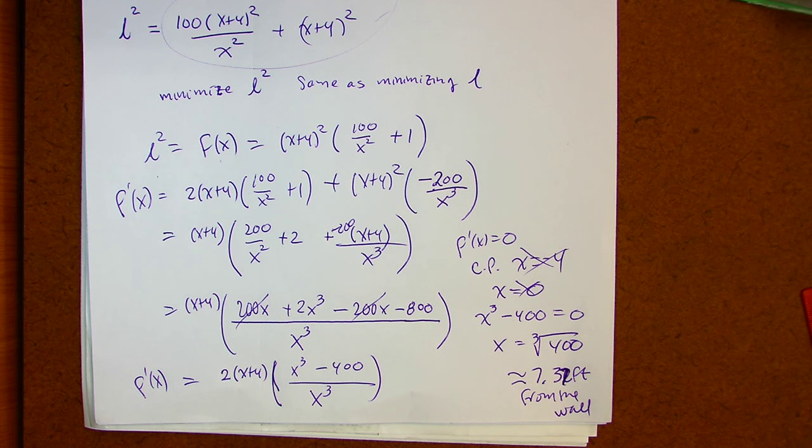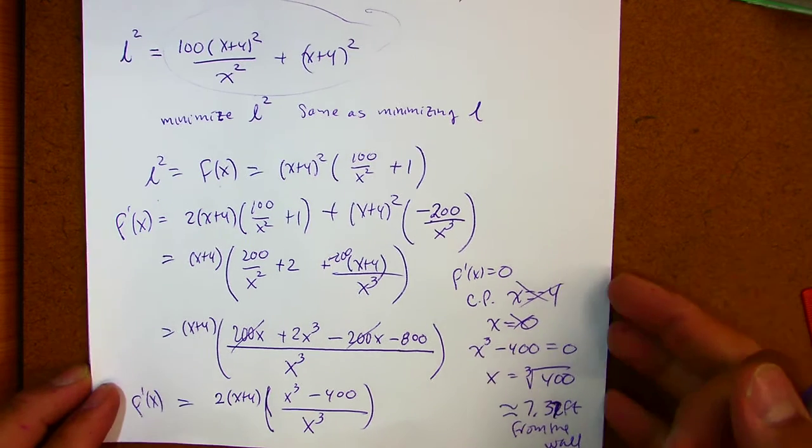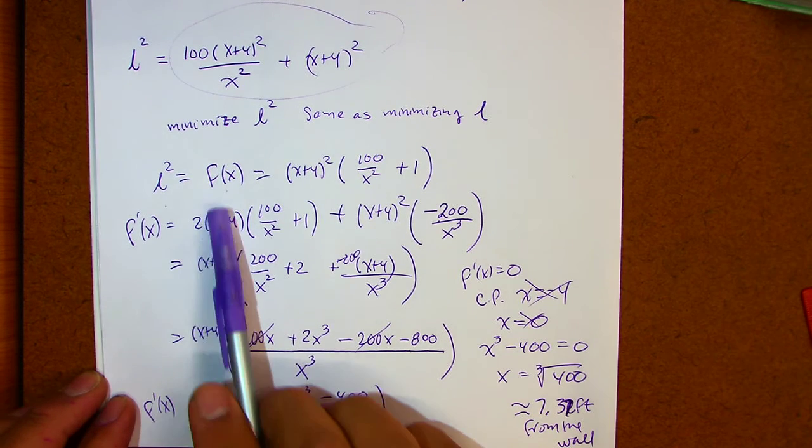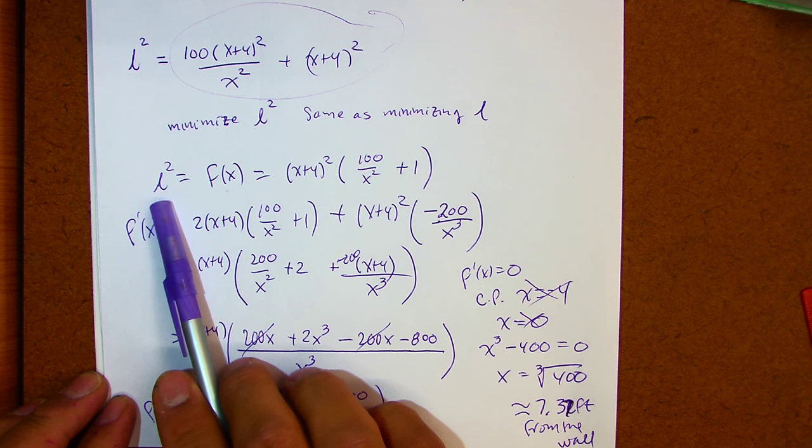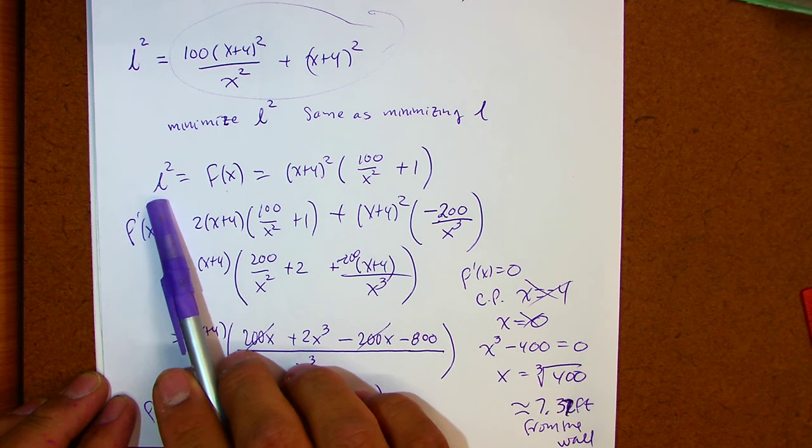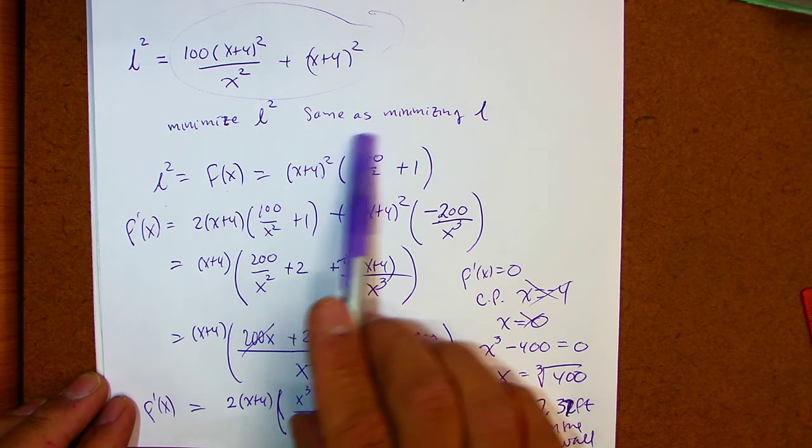All right. Well, can I answer any other questions? Oh, okay. How did I go from L squared to f of x? So in this case, all I realized was that minimizing something like this is the same as minimizing L, right?